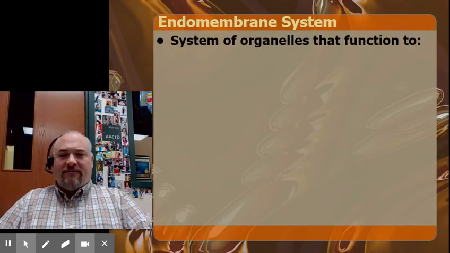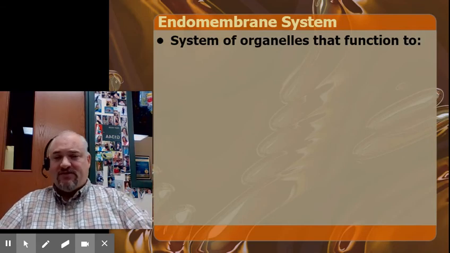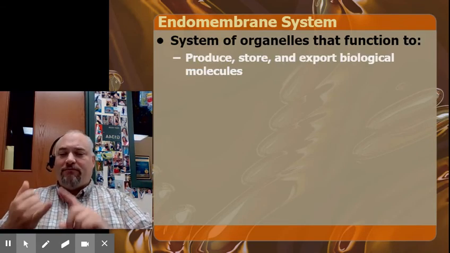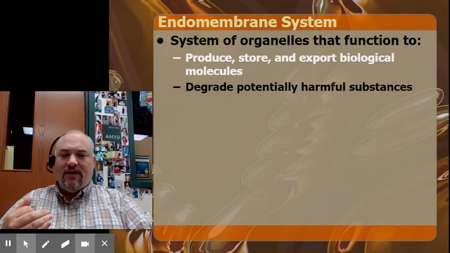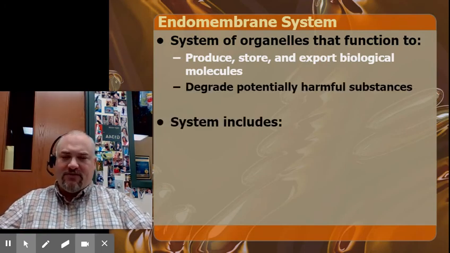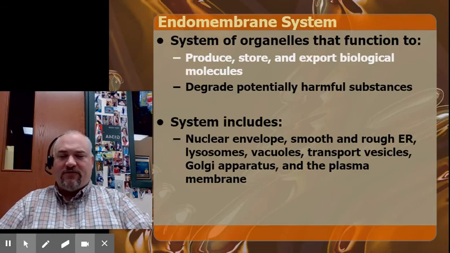And just putting it all together, most of those organelles we talked about, we call them the endomembrane system. It's a bunch of organelles that function to produce, store, and export biological materials. Get rid of harmful substances like we talked about with the lysosomes. And it includes all those organelles that we've just talked about so far in the first couple sections of these notes.